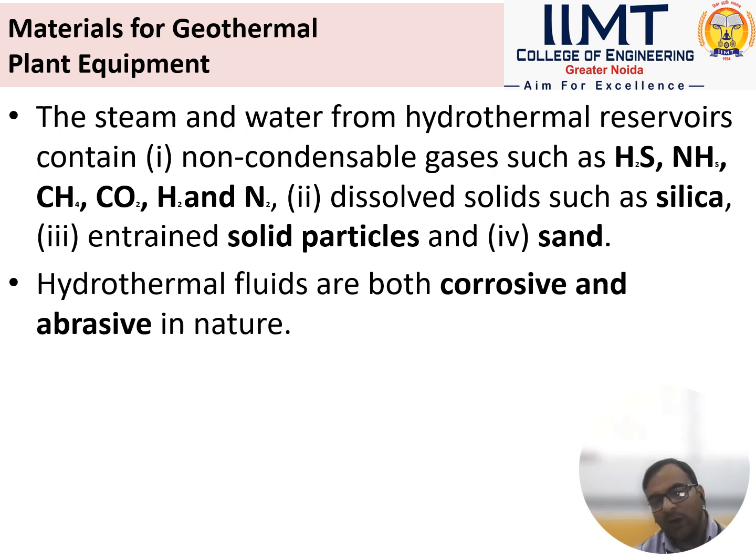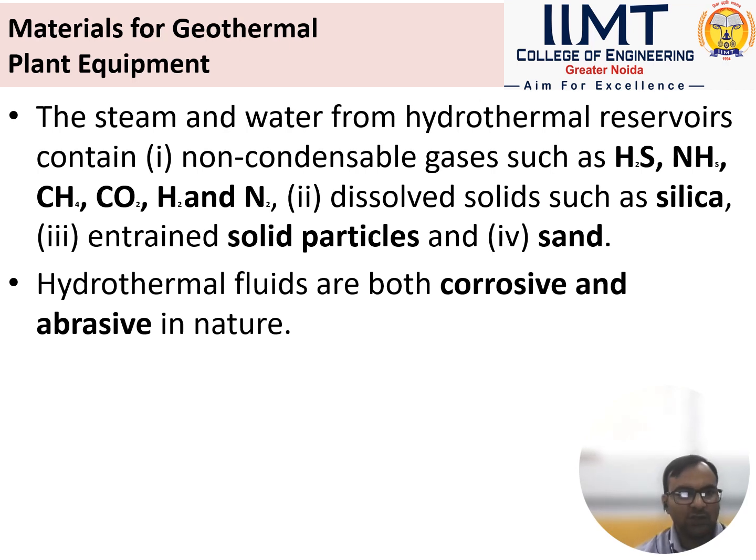What are the materials required for geothermal plant equipment? Materials should be selected carefully, because there are many foreign particles in the geothermal hot water or superheated steam: H2S, NH3, CH4, CO2, H2, and many solid particles.